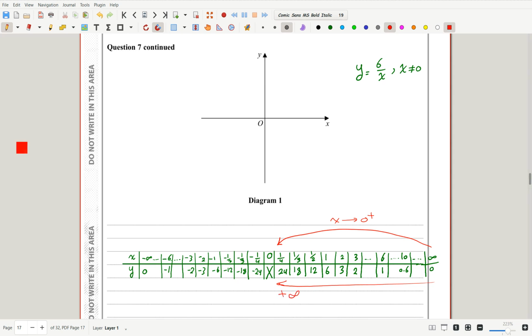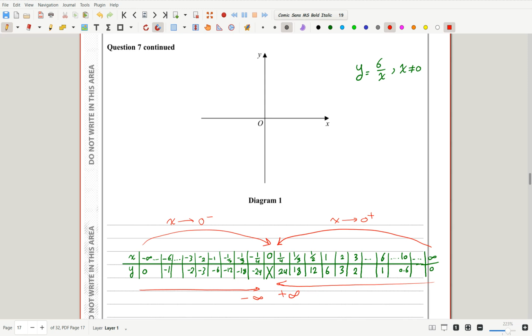Similarly, as x approaches 0 from the negative side, y equals 6 over x becomes very small, extremely negative. So as x goes to 0 from the negative side, the value of y, as you can see from the table here, goes to negative infinity.